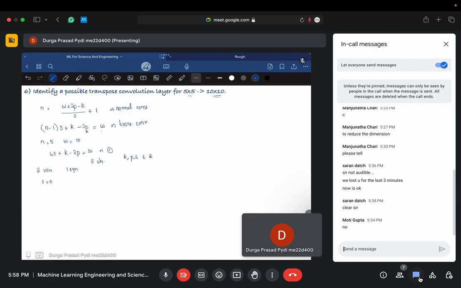One thing in the convolution and transpose convolution equation: n stands for the input size of the image, and w is the output. So I should reverse these two values.